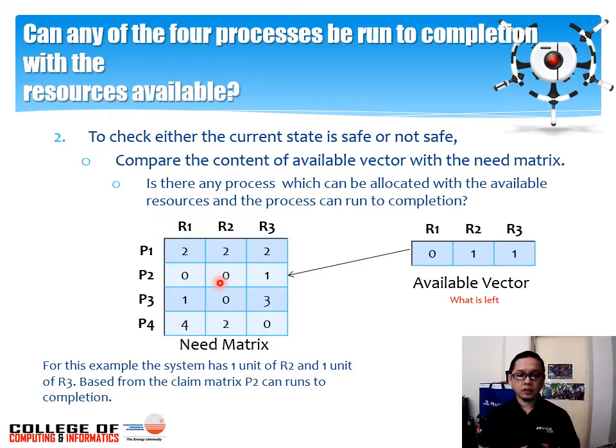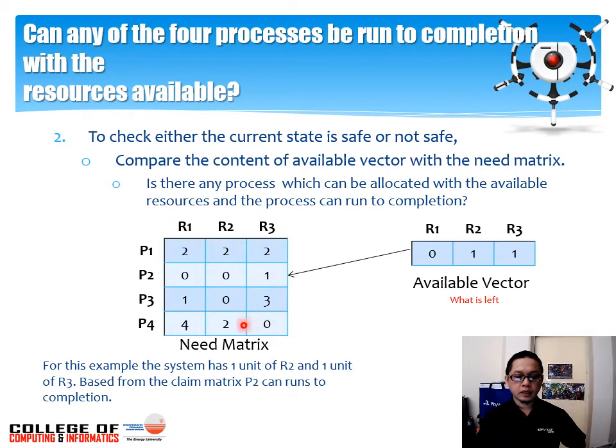So how do you proceed? From this available vector, you cross-check between the requests from process 1, process 2, process 3, and process 4, which process request you can do first. If you are an operating system, you will cross-check the resources that you have against the process requests.